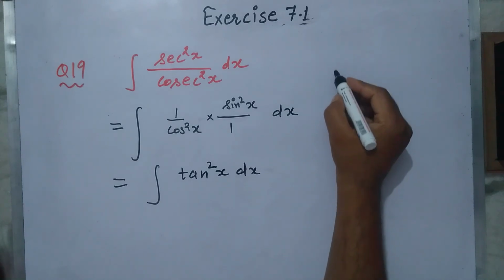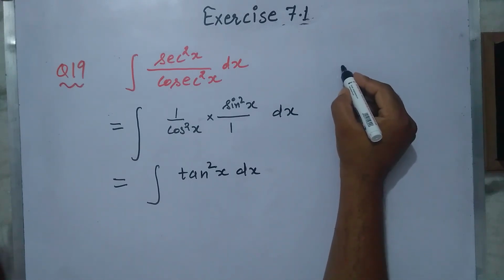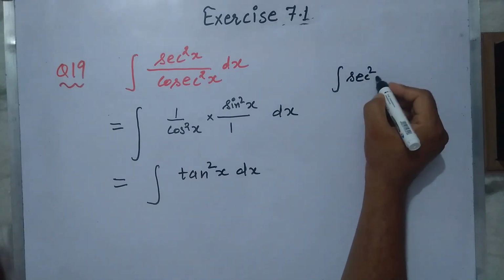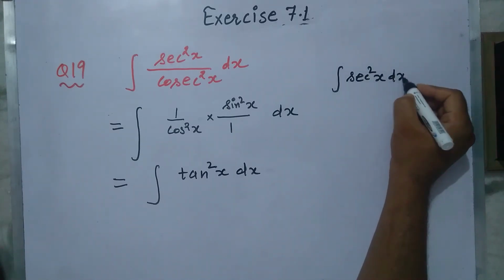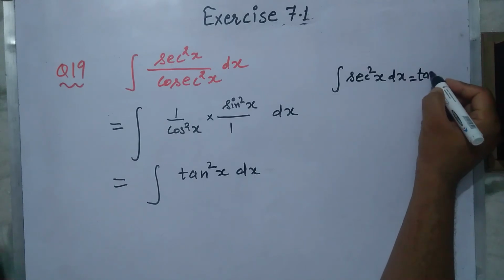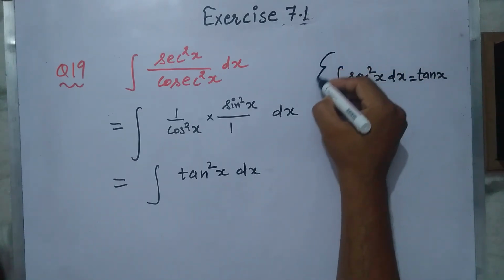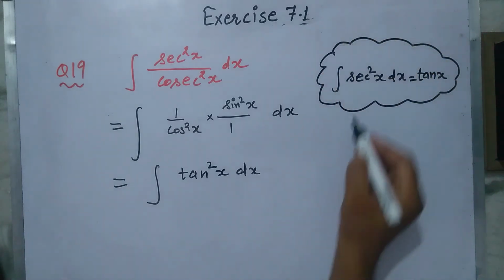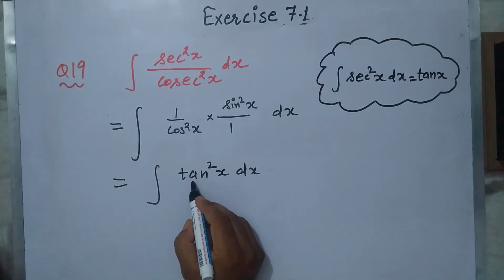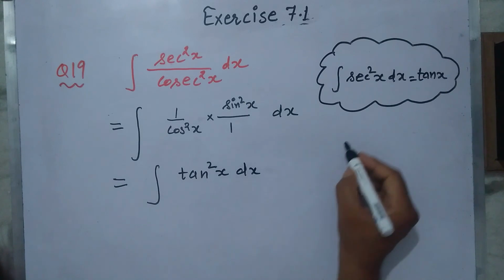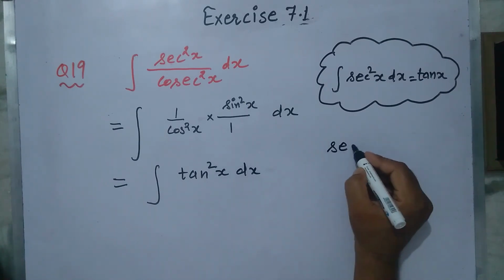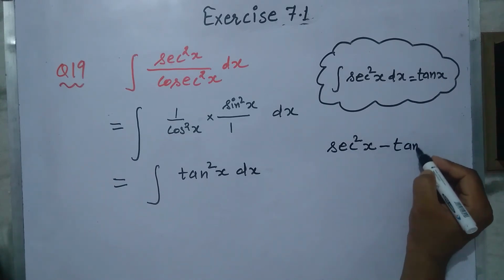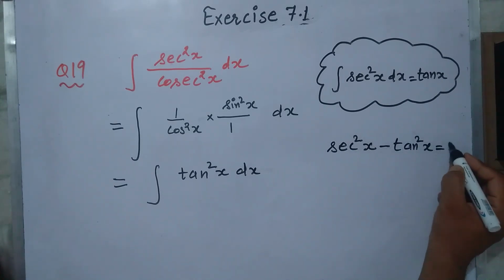Now because we know that integration of secant square x dx is equal to tangent of x, this is known to us, but we don't know what is the integration of tan square x. So we can use this rule: secant square x minus tangent square x is equal to 1.